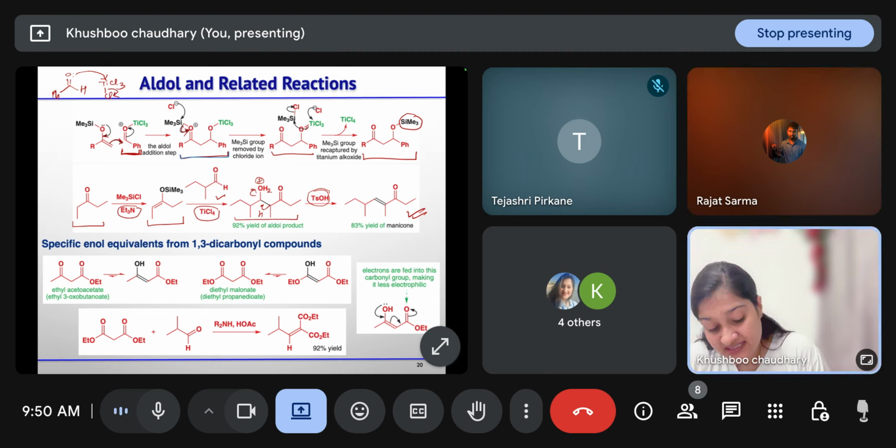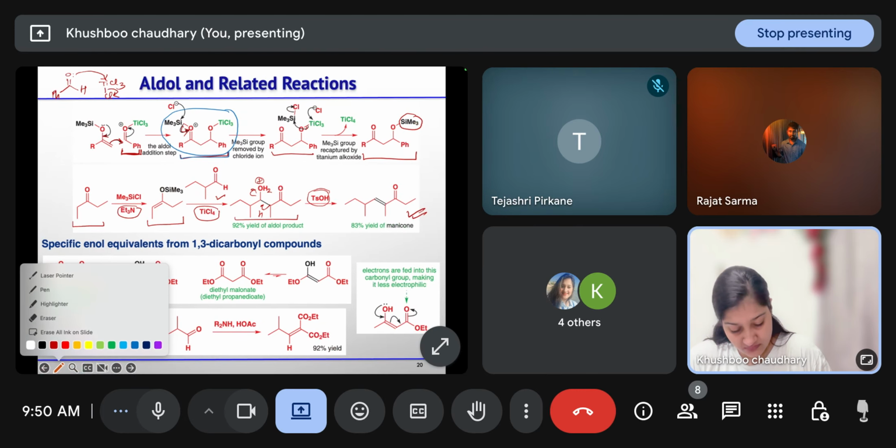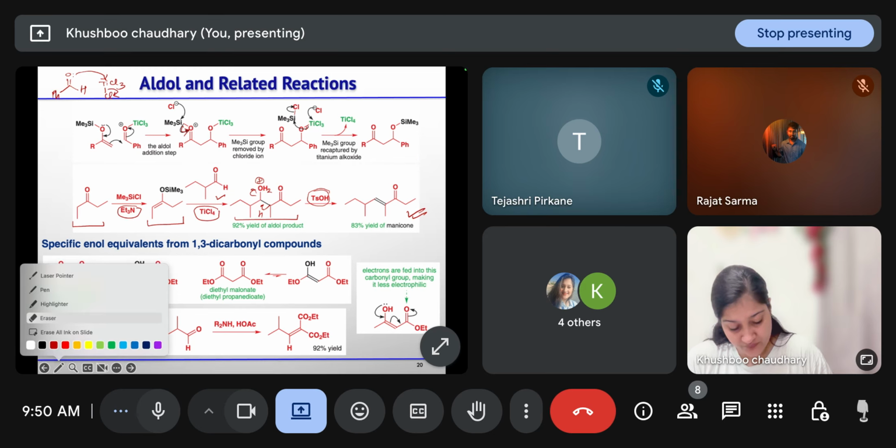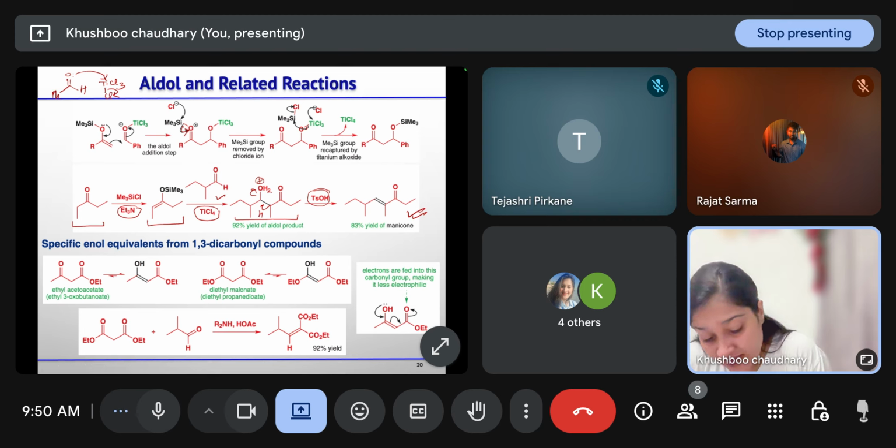So when this product is formed, or I will explain again. See, first benzaldehyde will react with your TiCl4 to form this electrophilic species. Then your oxygen lone pair will fall to attack this electrophilic carbon, and then OTiCl3 will form.